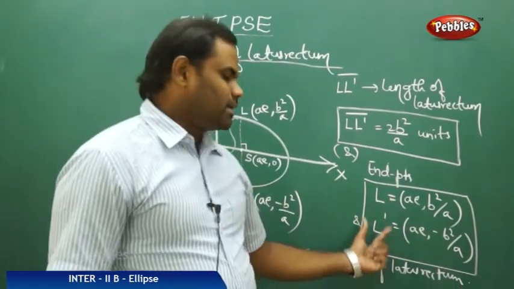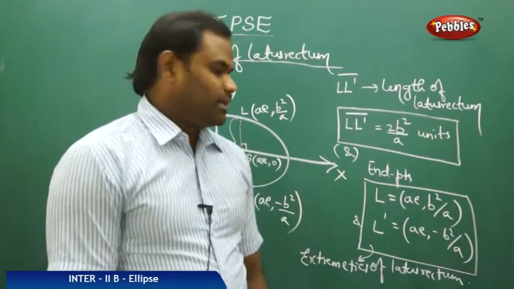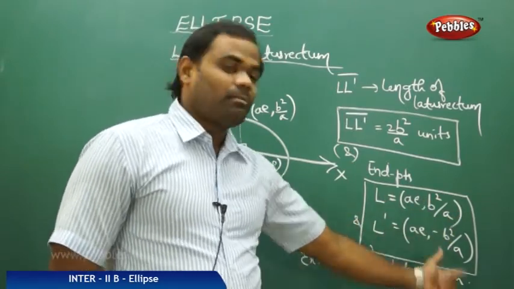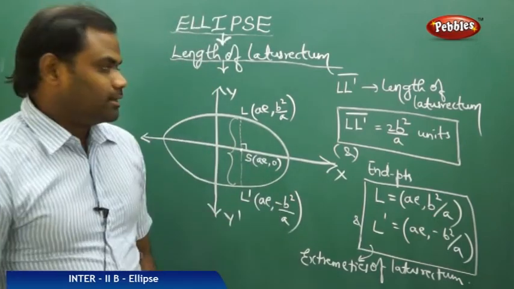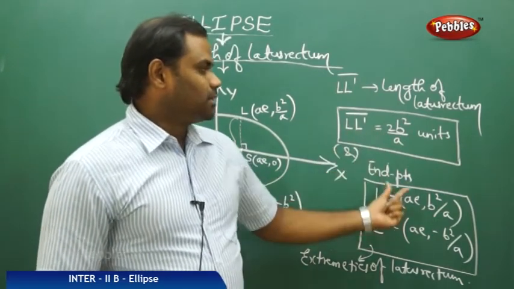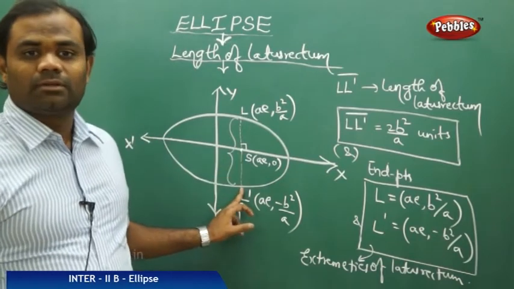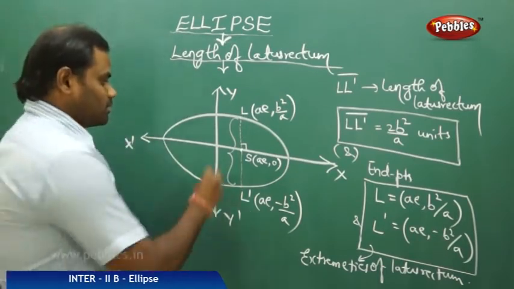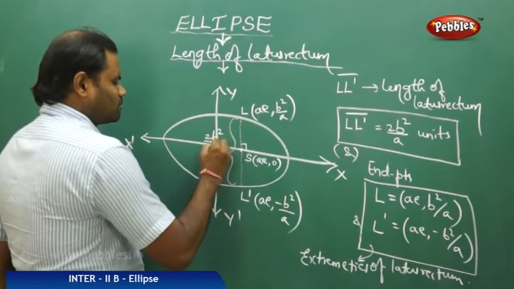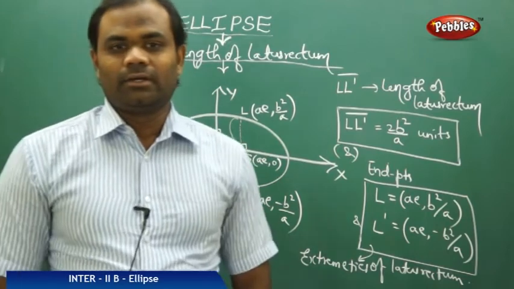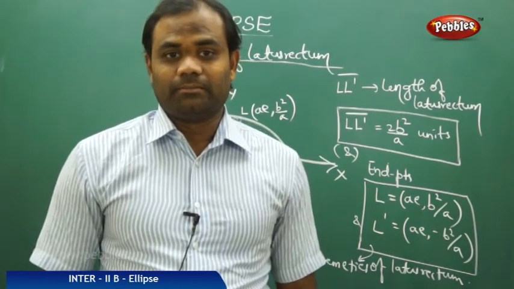So L and L dash are the extremities, with L given by (ae, b square by a) and L dash given by (ae, minus b square by a), and the length of latus rectum LL dash is 2b square by a units. This distance is 2b square by a units. That's how we identify the length of latus rectum.